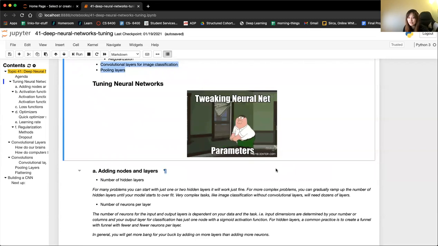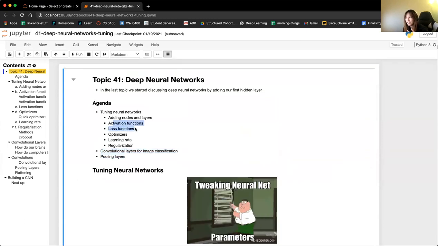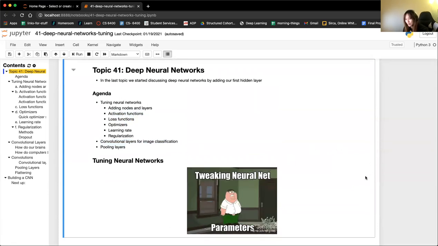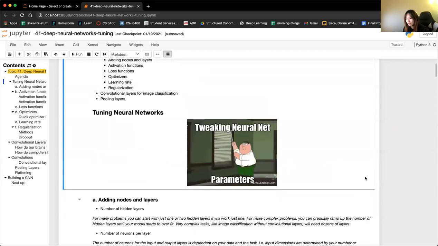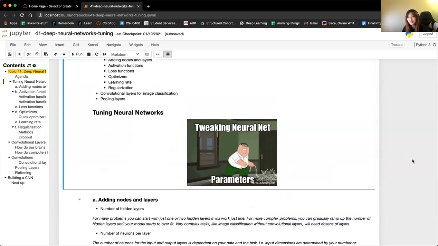So it's really, one, trial and error, but two, you also have to have a much deeper understanding of different things like activation functions, loss functions, and optimizers in order to tweak your neural network while being informed. So just know that at this stage, you don't have to have a really solid understanding of every little part of neural networks. It's more about testing different things and finding out how combinations of things work best together.